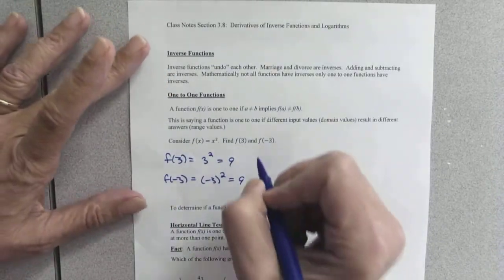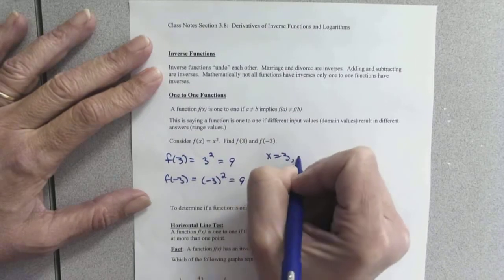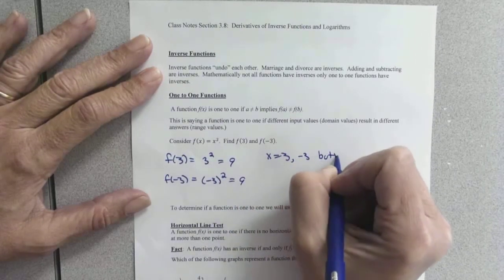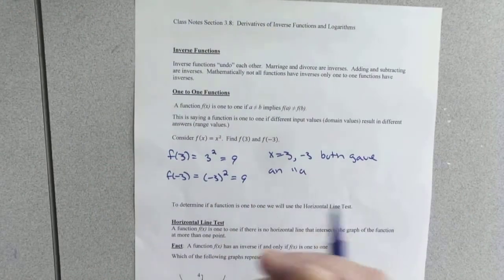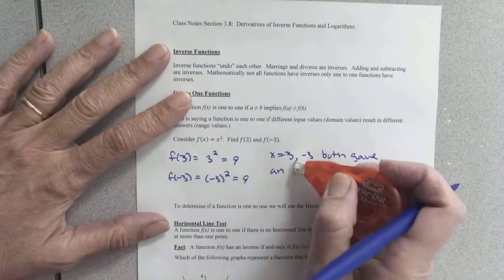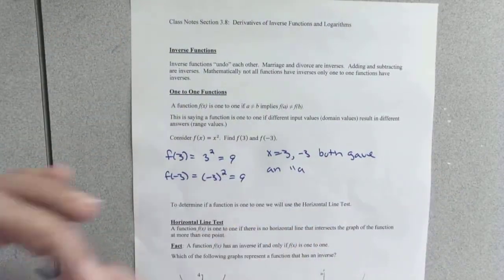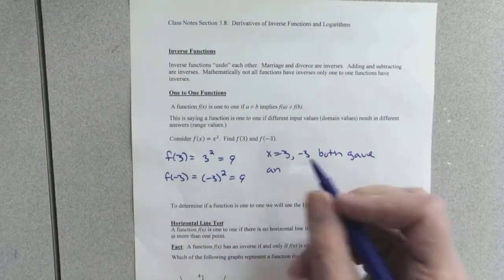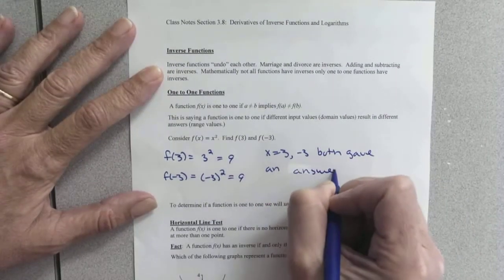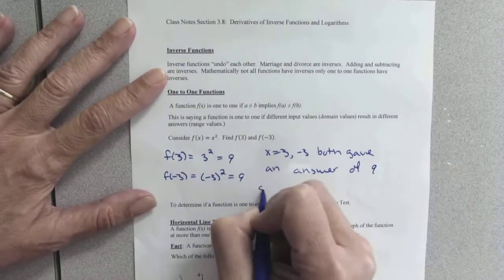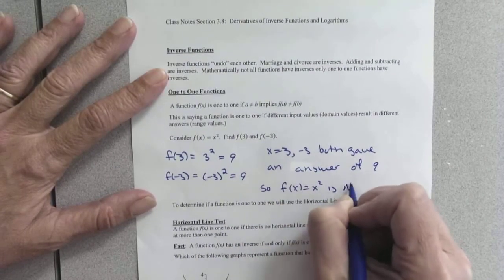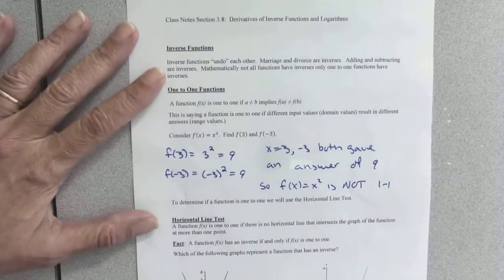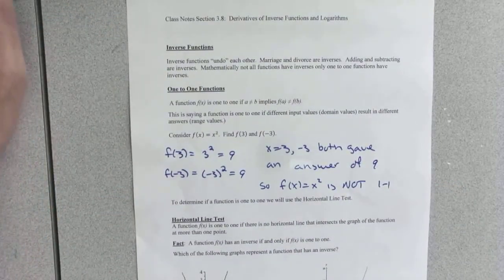So the point here is that x equal 3 and negative 3 both gave an answer of 9. So f of x equals x squared is not one-to-one. Being lazy there, instead of writing out the words one-to-one, I write it that way.